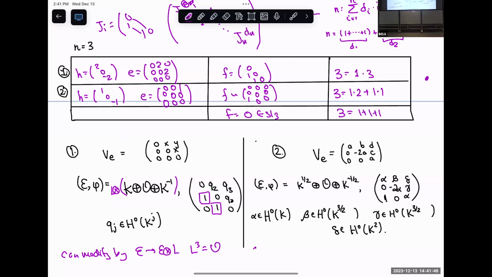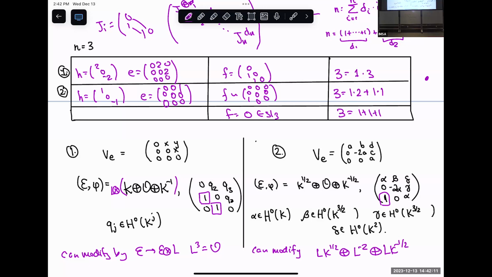Okay, but now how can I modify the second one? The only thing I need to preserve is this one here. So that means I can say L K to the half plus, I'm going to just write it, L minus 2 plus L K to the minus a half. The only thing that needs to be the same are the two things on the end.